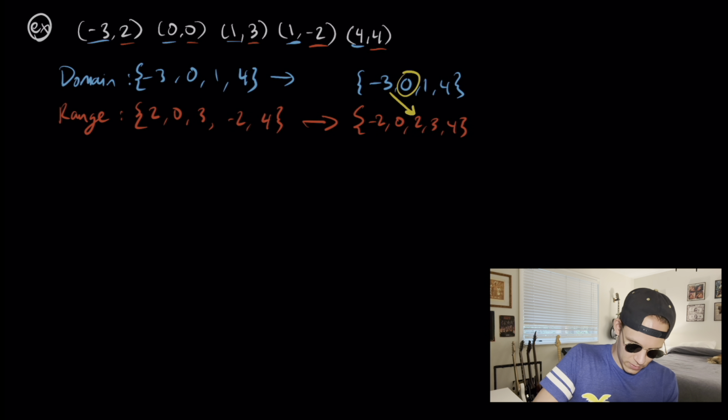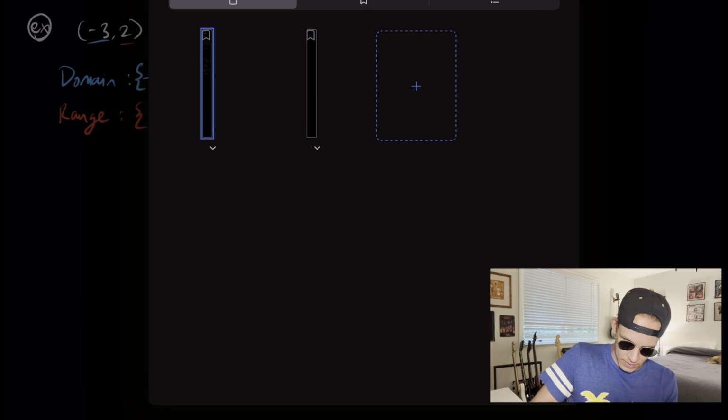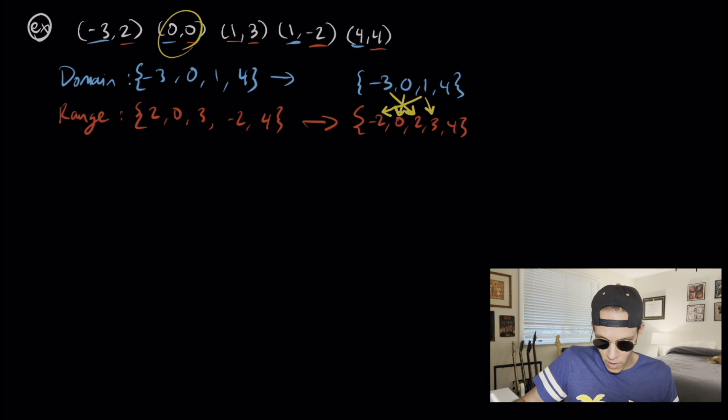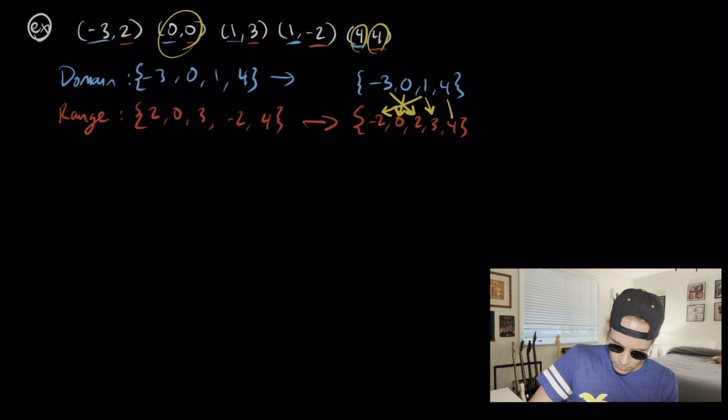If my input is a 0, well, my output is going to be a 0. Like that. And if my input is a 1, well, the output is going to be 3. So draw the arrow there. If my input is 1, my output is going to be -2. So there's something interesting. Here we have the first instance where we have 2 arrows coming from one x value. And then x value of 4 maps to a y value of 4.